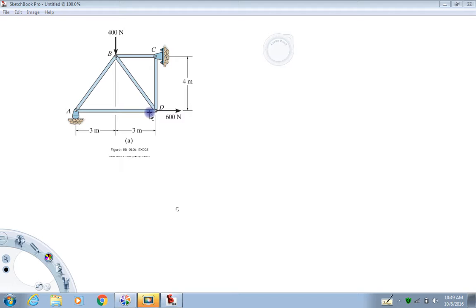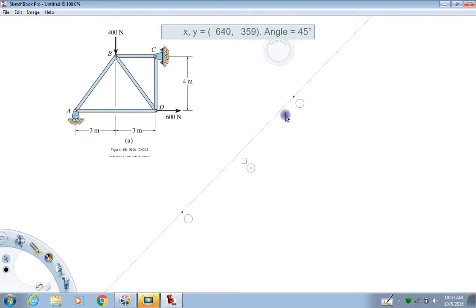The first thing when analyzing a structure is you usually start with the free body of the entire system. So the first thing I'm going to do is put a reaction force here at C. I'm not even going to think about the direction, I'm just going to assume right positive.